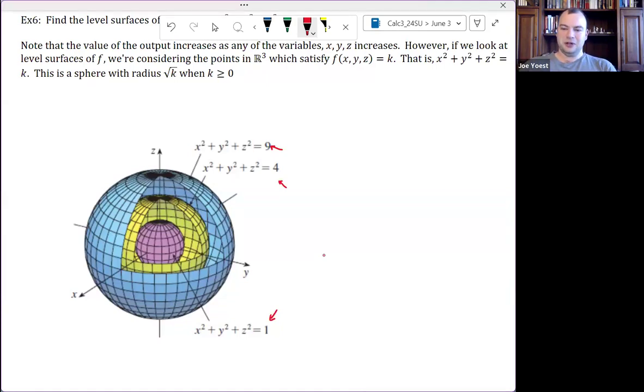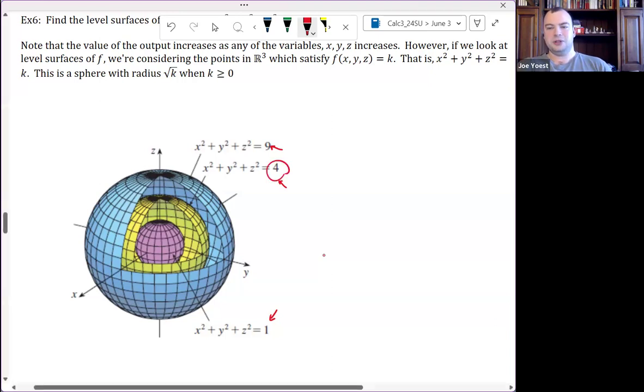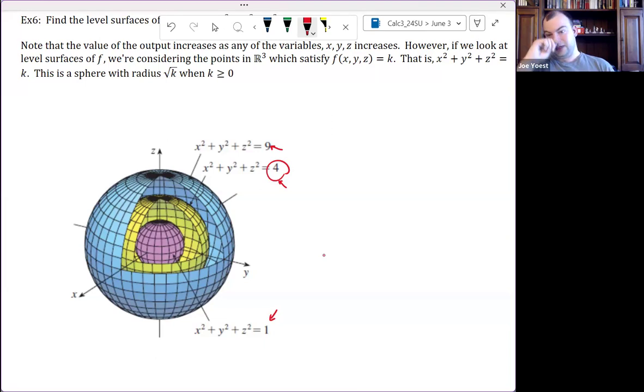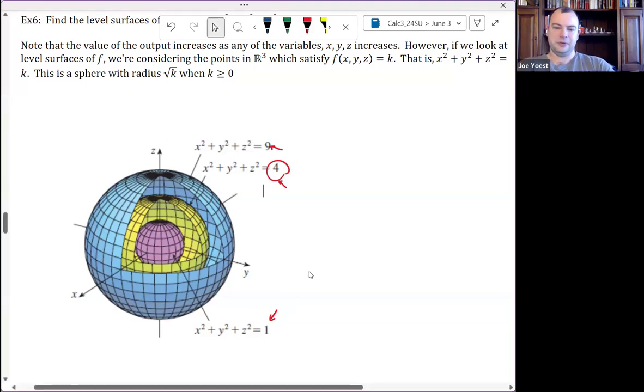Well, that's going to be my sphere of radius 1, this kind of pink ball in the middle here. What's going to be the surface in 3 dimensions where my outputs are all 4? Well, that's going to be the sphere of radius 2, this yellow ball here, and similarly for outputs of 9, sphere of radius 3, the blue ball on the outside.